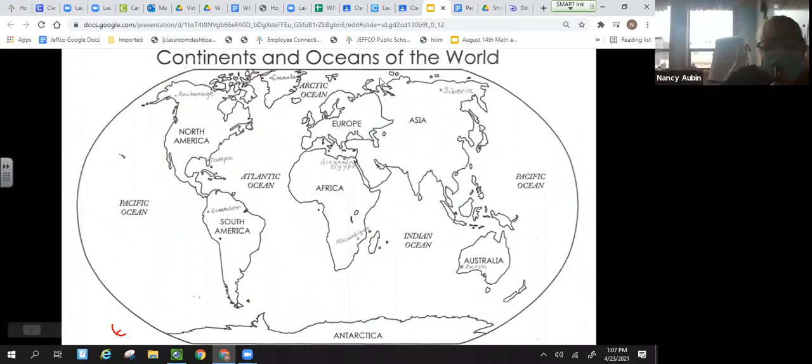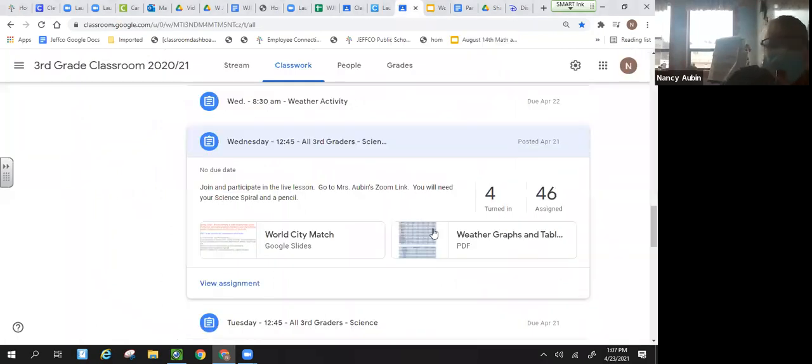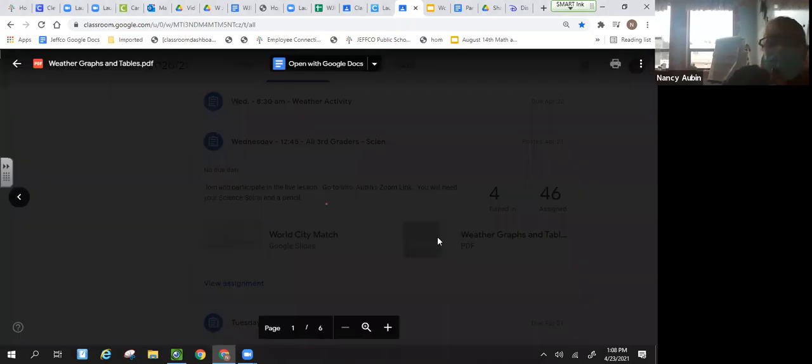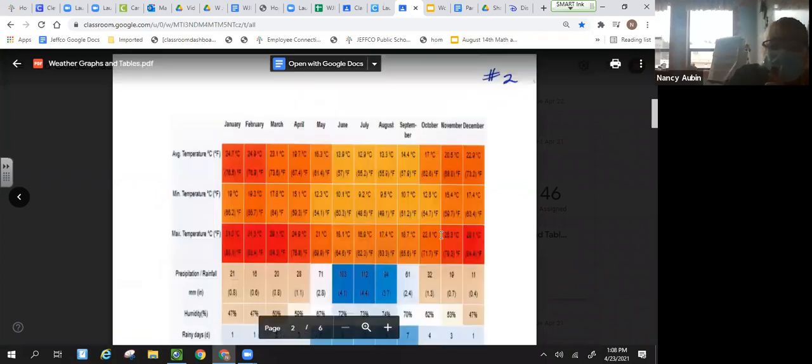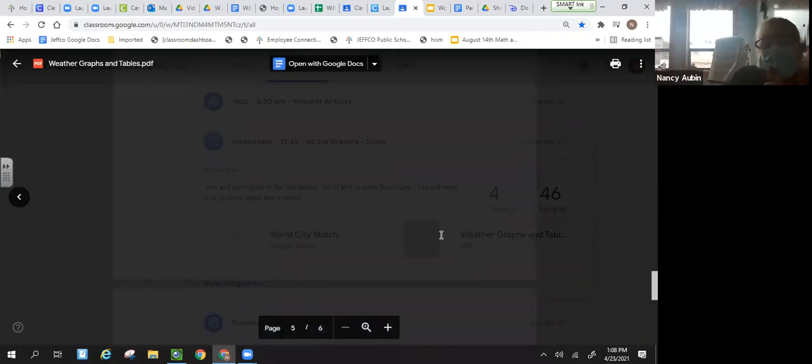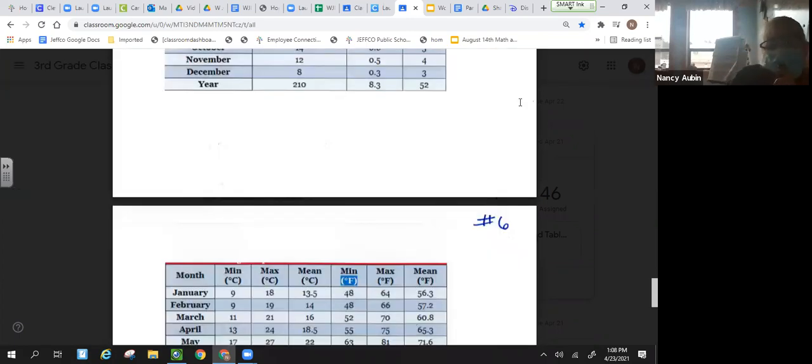So let me show you real quick, and this won't hurt you guys. When you go to Google Classroom, if you go to Wednesday, 12:45, here's the PDF. That might be the easiest. See how I numbered them? They're right there, all numbered. And you guys have the same thing in paper form.